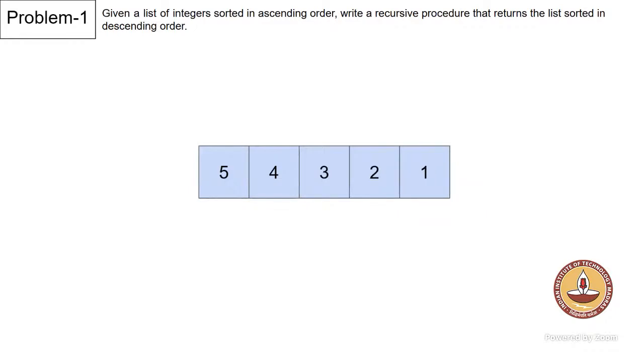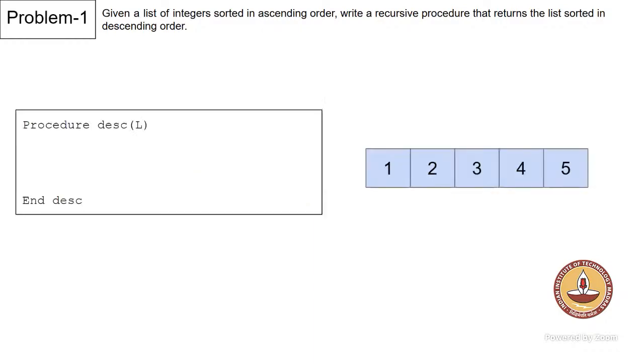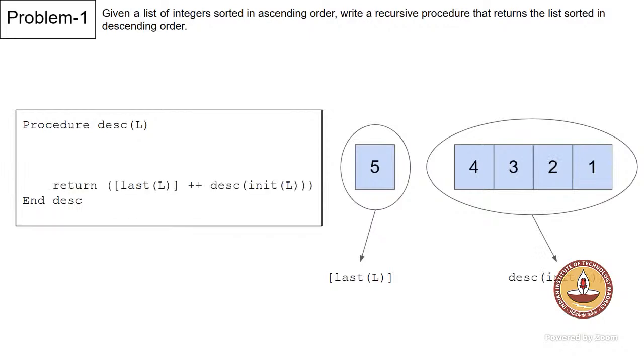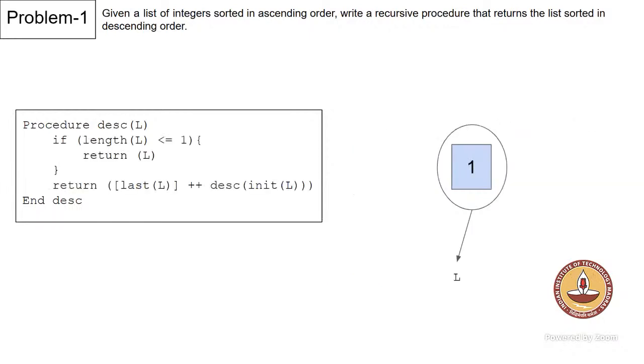So we move the last element to the front, and then again call the procedure descending on the remaining list. If the list contains only one element, or none, we can return the list as it is.